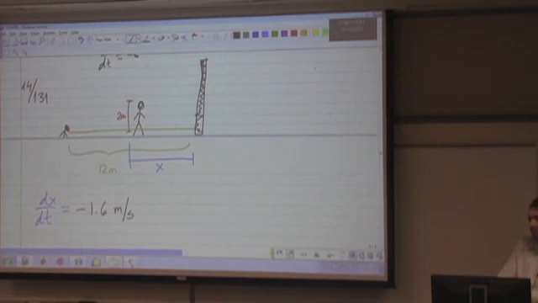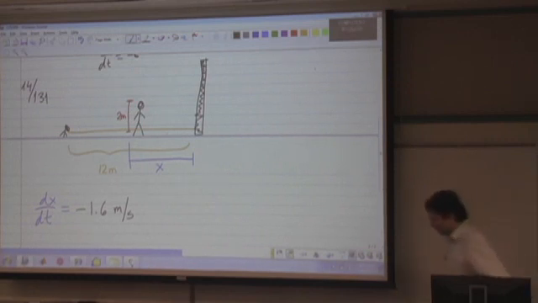Remember what I told you last time. We always had the rates of change positive because we were assuming the distances are increasing. In this case, x is getting smaller. Because x is getting smaller, the rate of change of x is negative. Does that make sense?